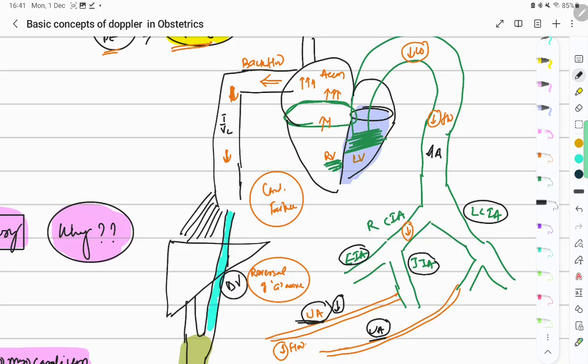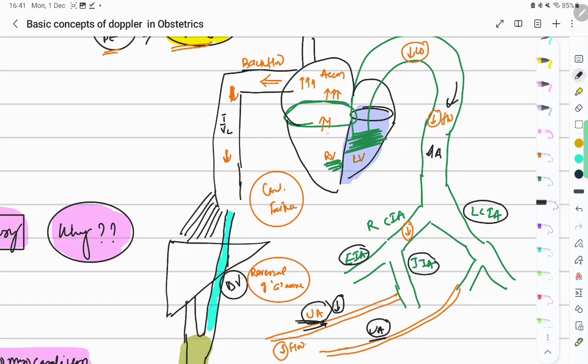In the umbilical artery, initially there will be decreased diastolic flow, gradually there will be absent diastolic flow, and ultimately a reverse diastolic flow will occur. So during the diastole, blood will revert back because cardiac output is not adequate.